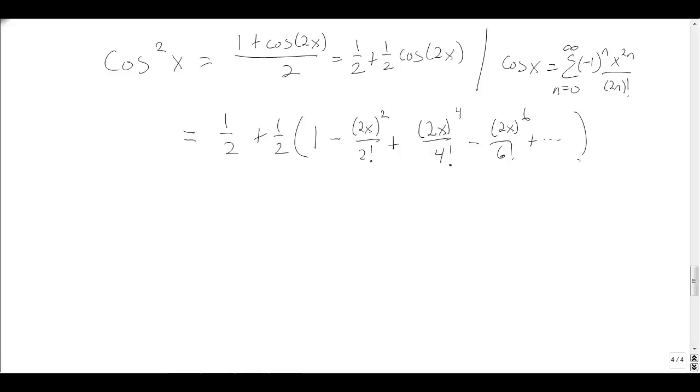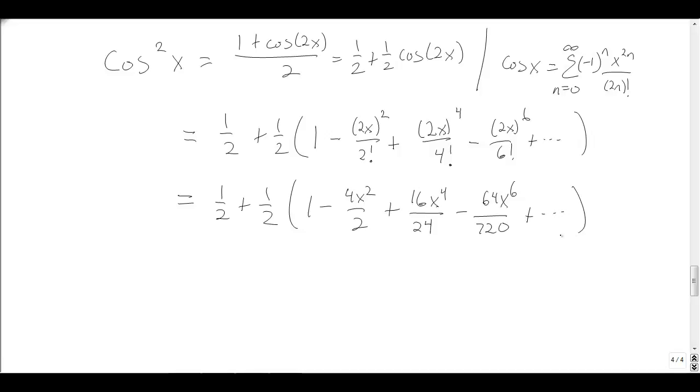Plus some more stuff. So what you get is 1/2 plus 1/2 times 1 minus, see, this will be 4x squared over 2. 2 factorial is 2. 2 to the 4th is 16, x to the 4th, 4 factorial is 24. So I get 16x to the 4th over 24, minus, see, we get 2 to the 6th is 64, x to the 6th over 6 factorial is 720, plus some stuff.